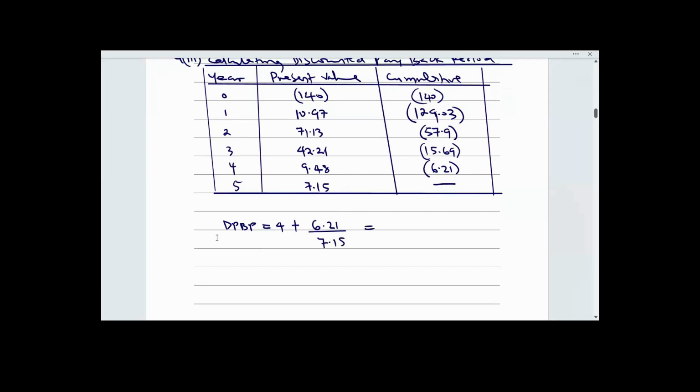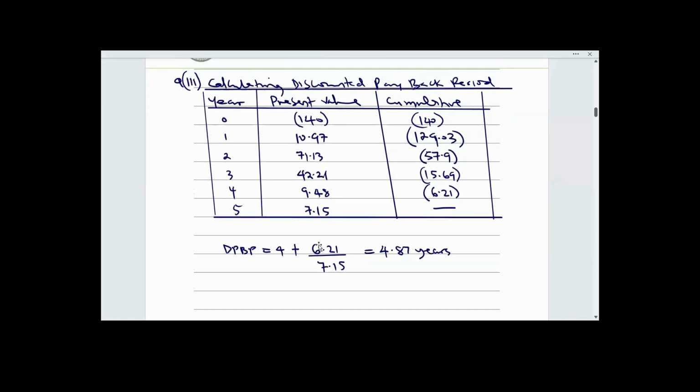So I will carry my calculator. 6.21 divided by 7.15 equals, then plus 4 equals 4.87 years. So the discounted payback period is 4.87 years. That's the answer.